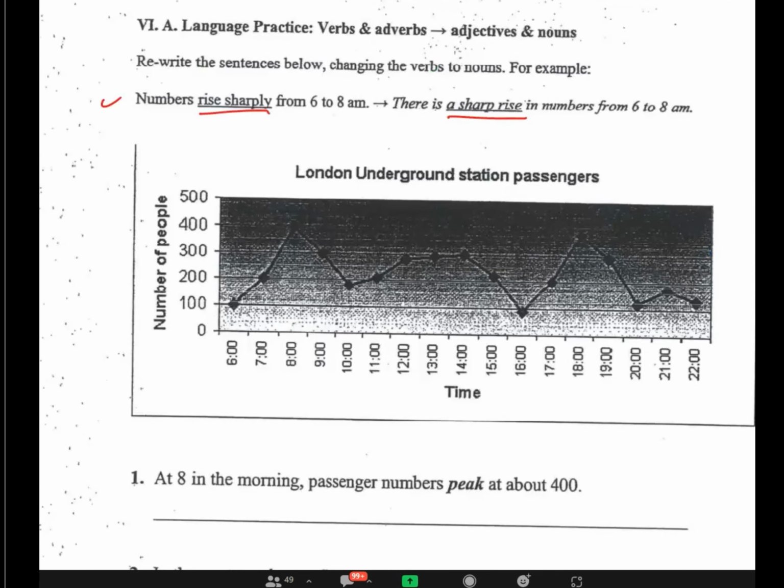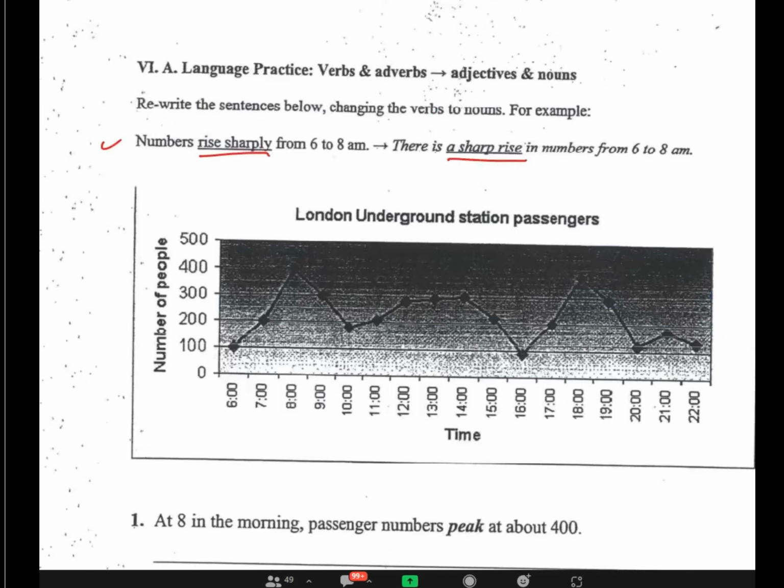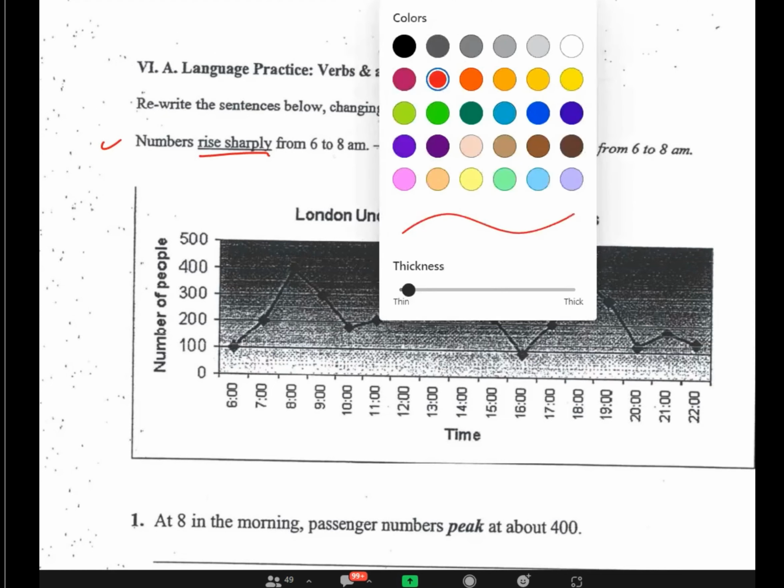See? Numbers rise sharply. There is a sharp rise. Read these two sentences again. I showed you an example yesterday, if you remember.